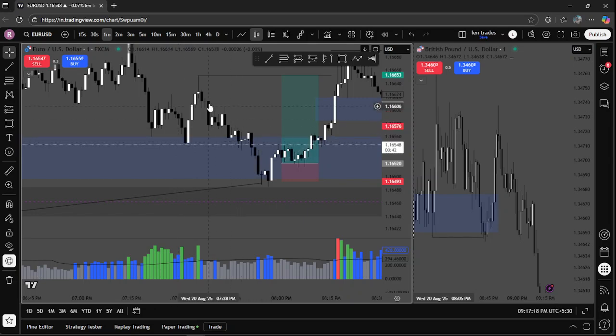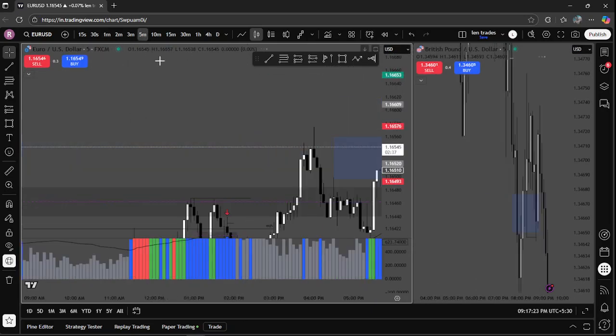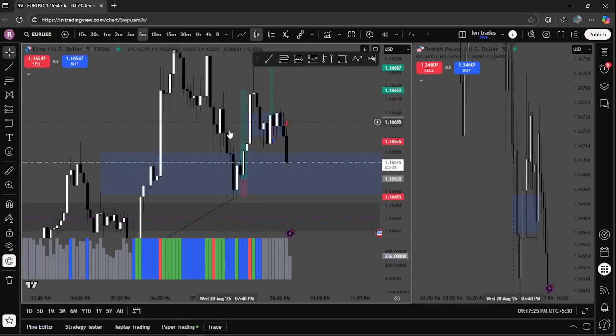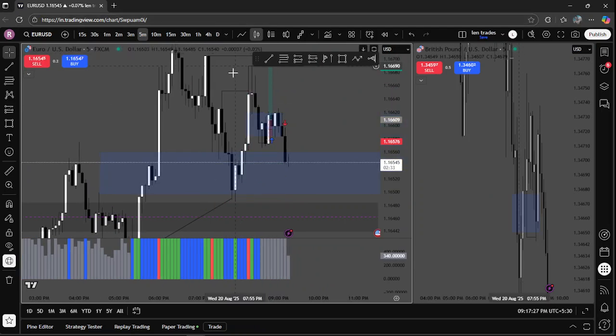By this time we came a little bit lower. Here I was looking to see the 5-minute form its high, so I can see if that one gets run through or anything.